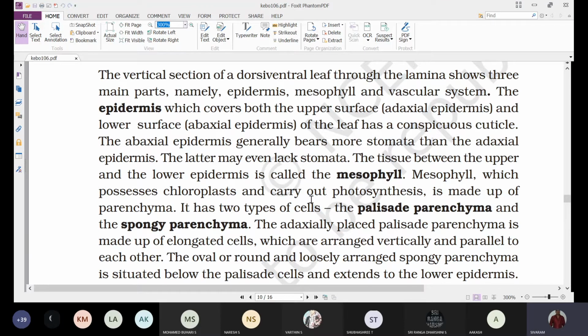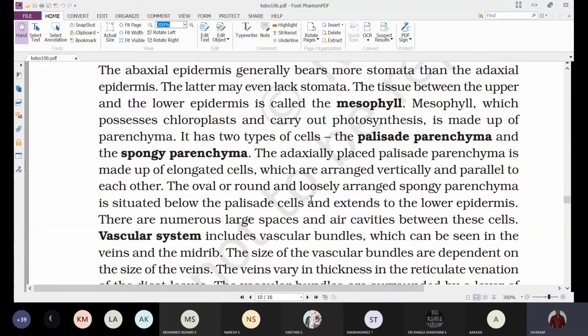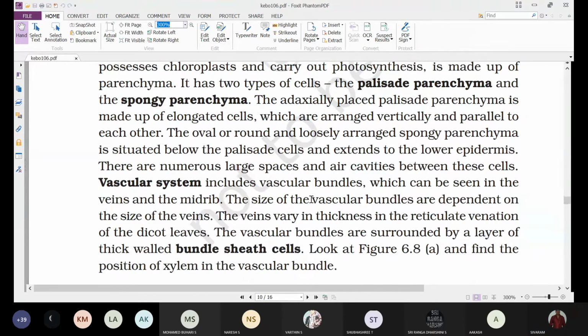Next, based on the arrangement of these parenchymatous cells in the mesophyll, they are differentiated into two types. One is palisade parenchyma and the second is spongy parenchyma.